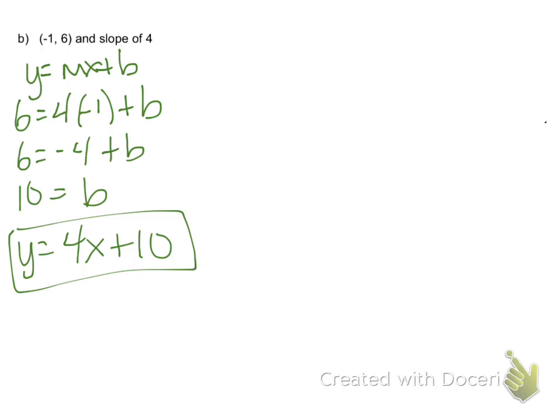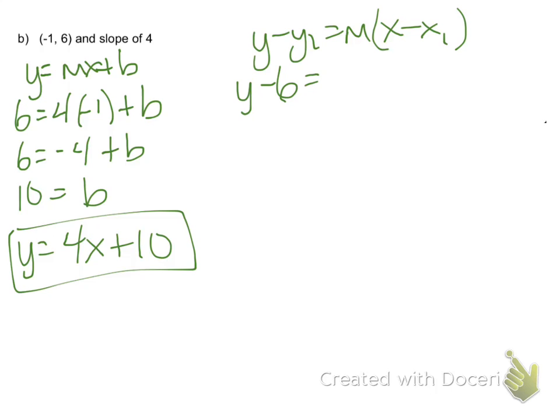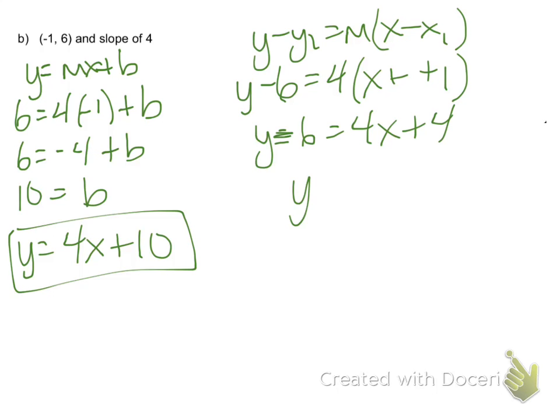Now if I use point-slope form, again plugging in the y-coordinate for my y, the slope, and the x-coordinate, and solving this for y, I get the same equation.